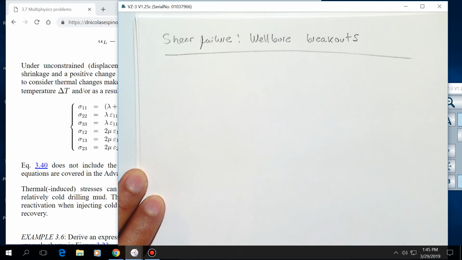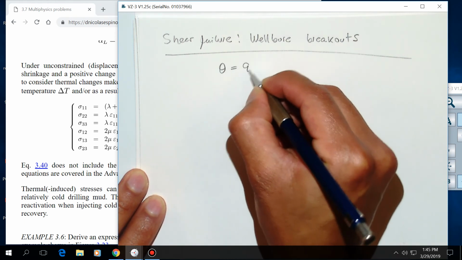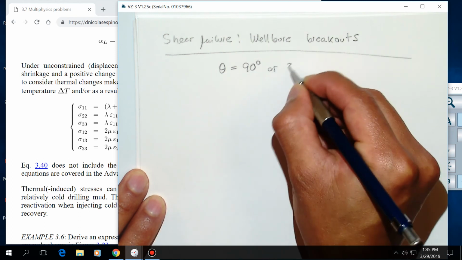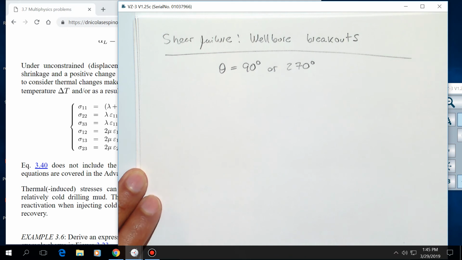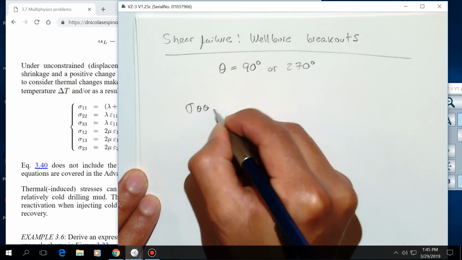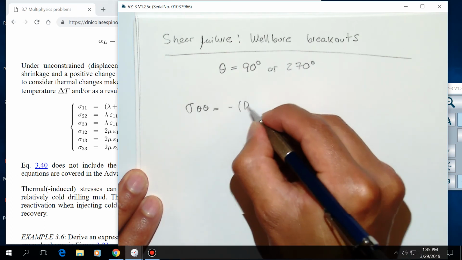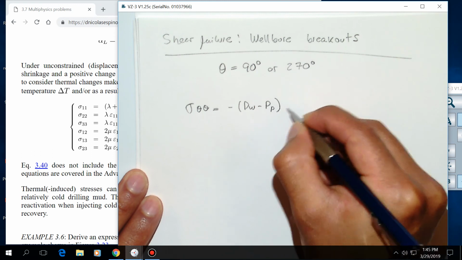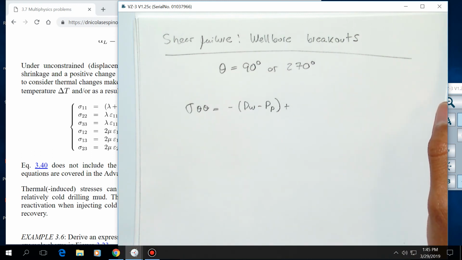Before we used theta equal to 0 or 180, now we're going to use theta equal to 90 or 270. And in that case, sigma theta theta is going to be this value. What is cosine of 2 theta for theta equal to 90?